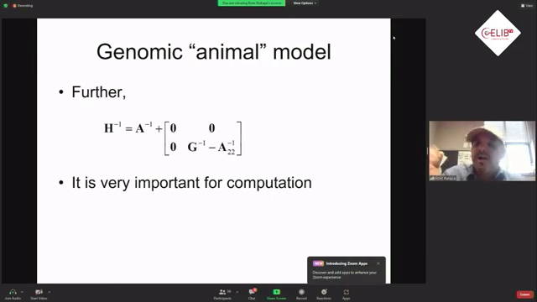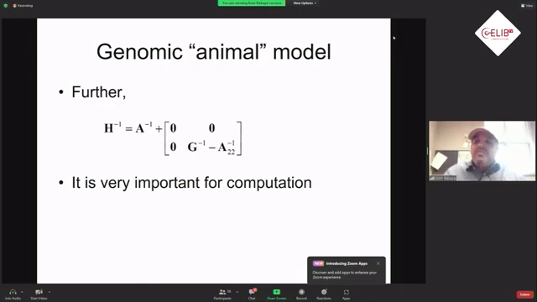So, in an extreme case, let's assume for the genotyped animals, the additive relationship estimated through the SNPs and the one through the pedigree are exactly the same. What would be H minus 1 in that case? A minus 1. Absolutely, and that's what you expect, right?